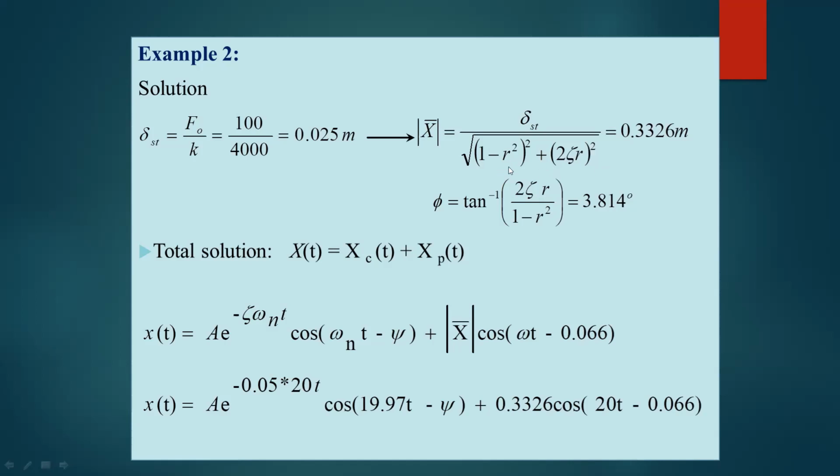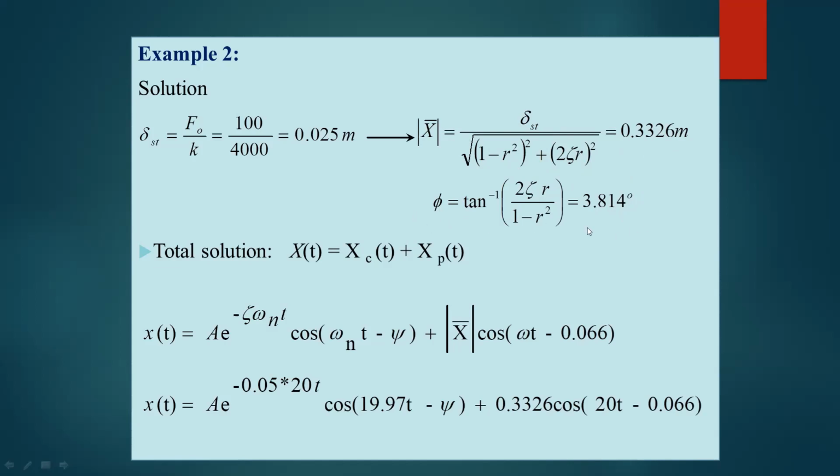We know R, delta and zeta, so we substitute, and finally the maximum amplitude of vibration in the particular solution is 0.3326 meter. And the phase angle is 3.814 degrees.